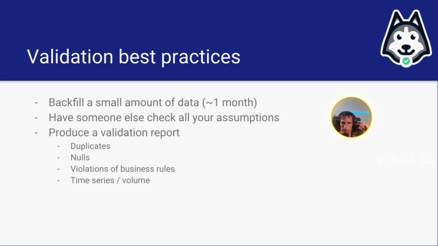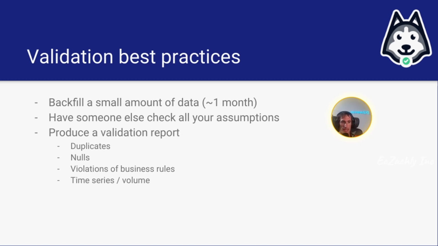This is a great thing, especially when you're creating a new pipeline. At Airbnb, what they would do is say, okay, backfill a small amount of data, maybe a month of the data set, and then check all your assumptions about the data: the nulls, the duplicates, the enumerations, the time series, the row counts, all of it.